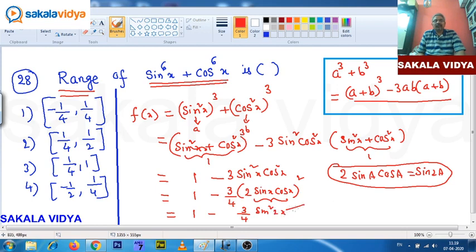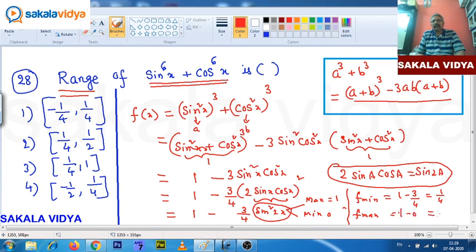Now put here maximum equal to 1, minimum equal to 0. So you get f minimum is equal to 1 minus 3 by 4, because the maximum is 1, that will be 1 by 4. So f maximum is equal to, for the minimum of sin square 2x, substitute 1 minus 0. So 1 by 4 comma 1. So that means you have the third option.